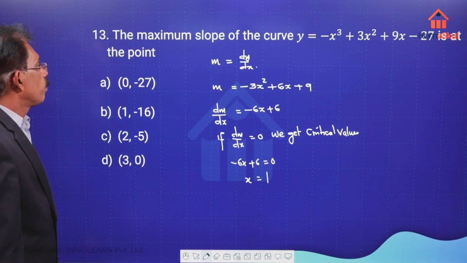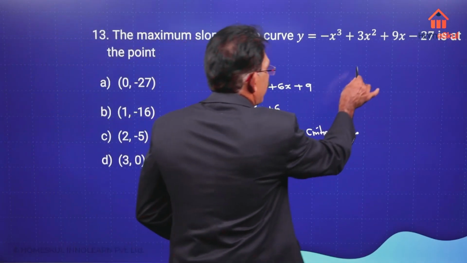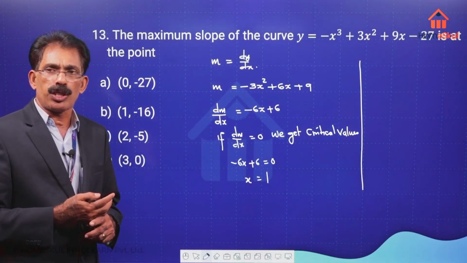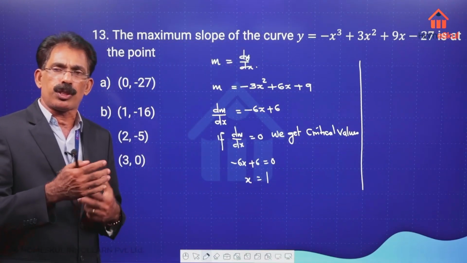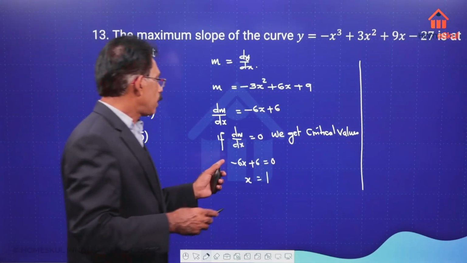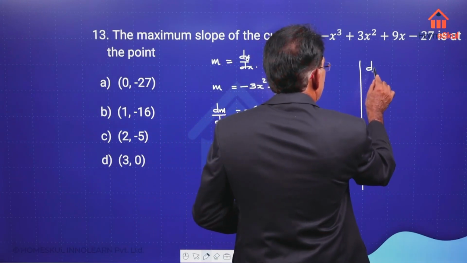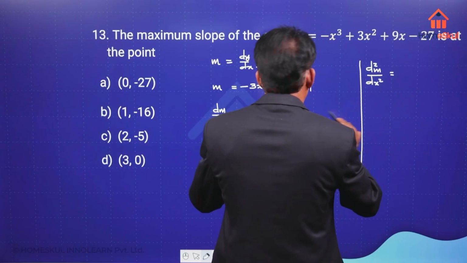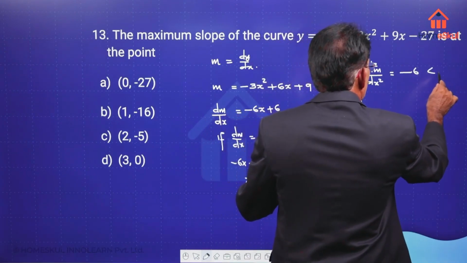There again we find the second derivative. Do you remember the procedure for finding maxima and minima? There is a second derivative, d square m by dx square. So this is equal to minus 6. It is less than 0.